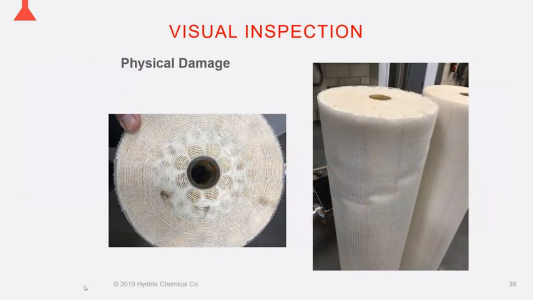Here's another example. You can see where the ATD has actually crushed the edge of the element. So you won't get the flow that you need across that element because the ends are all plugged off. And then the picture on the right shows that pop canning effect, where that element is again crushed. What can happen when you get those kinds of damage on the element?